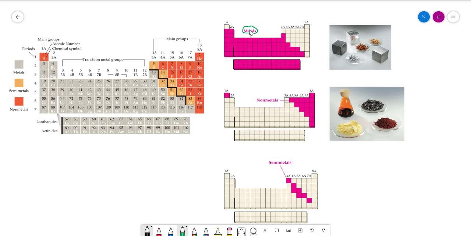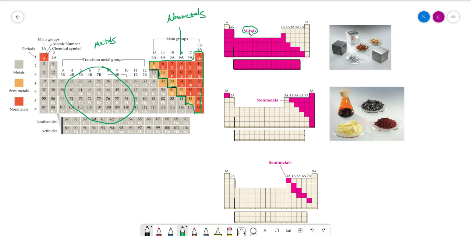So you can see on the general full table, this black bold line that I'm highlighting in green, this is the boundary or the division by which everything in this center here are metals, and then everything to the right of this sort of staircase, all of these elements are the non-metals.